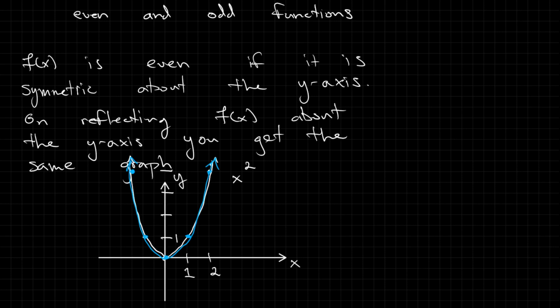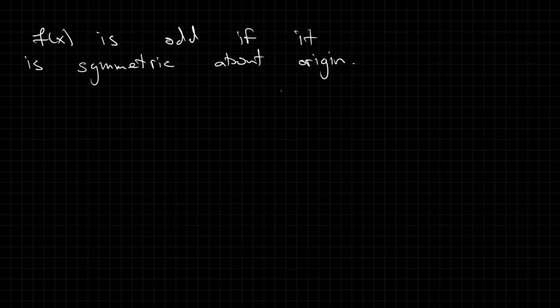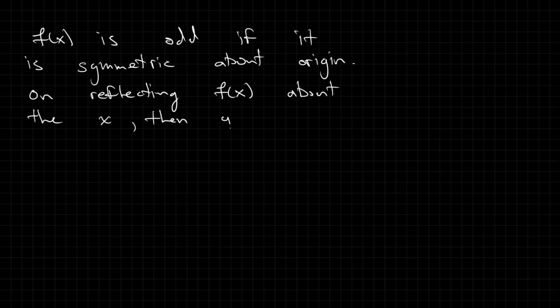Perhaps it was clear what symmetric about the y-axis means, but perhaps this is a little bit more convoluted. What symmetric about the origin means is, on reflecting f of x about the x and then y-axis, the axes, I suppose, you obtain the same graph.